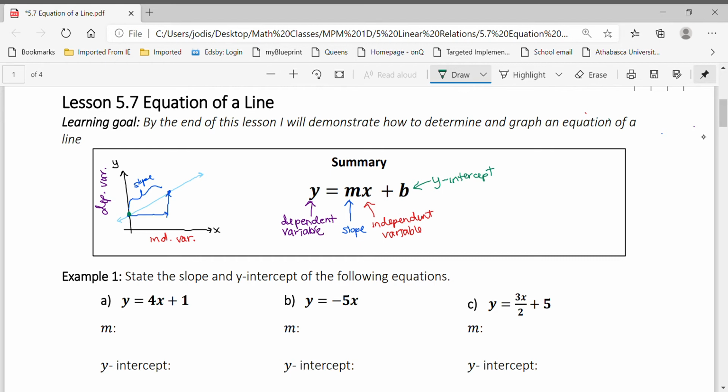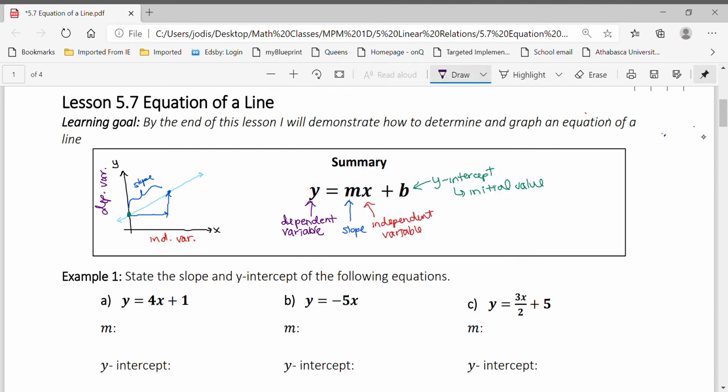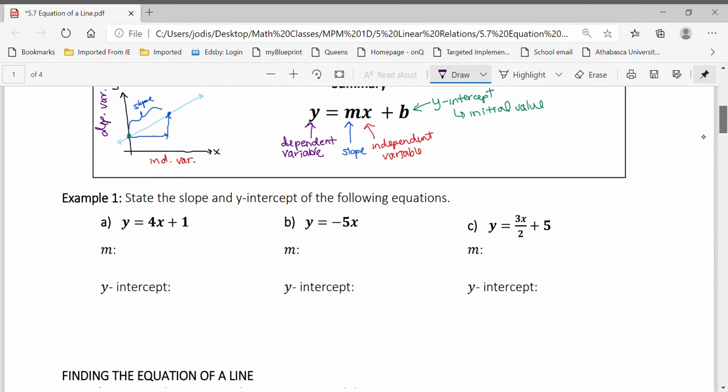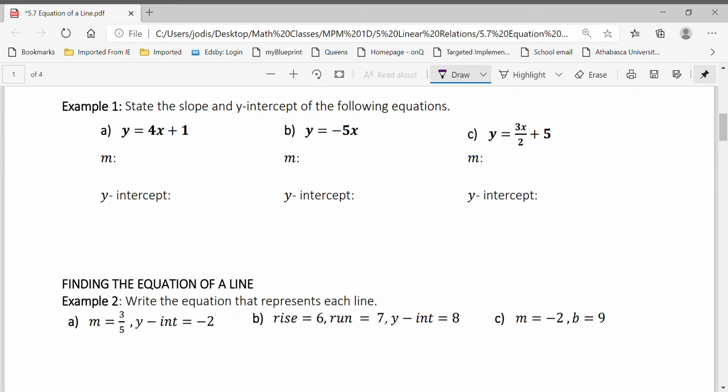If we remember from before, we also can call this our initial value. So this little equation tells us a lot about a line, and it becomes really important in this unit when we're graphing. So if we take a look at some of these equations, we're going to want to state the slope and the y-intercept for each of them.